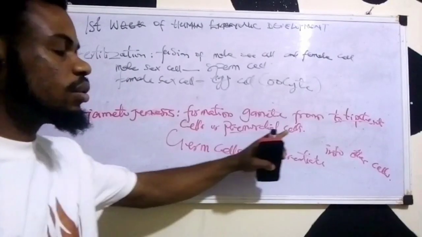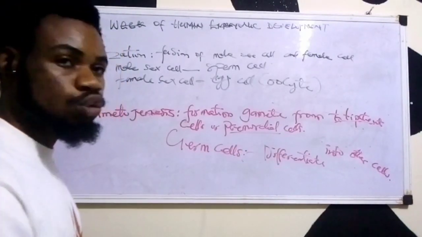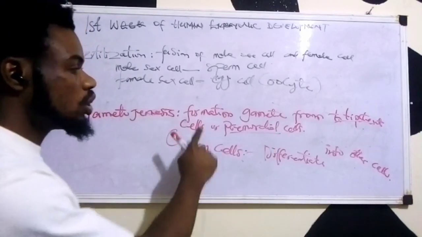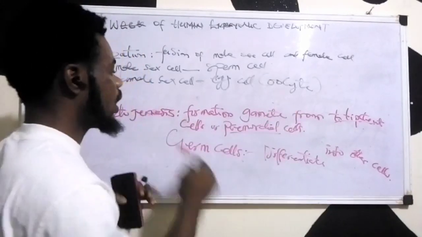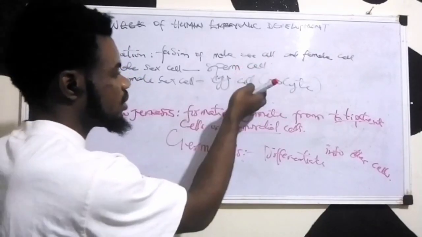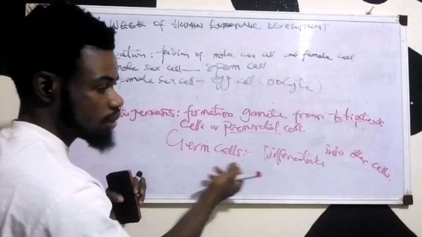Meaning that these cells have the ability to differentiate, to give rise to other cells. Now that's what gametogenesis is all about, the formation of gametes from germ cells, able to give rise to either egg cell or sperm cell.